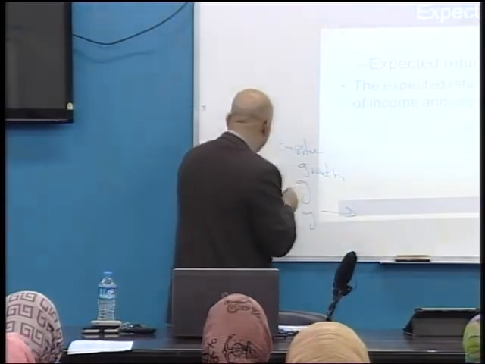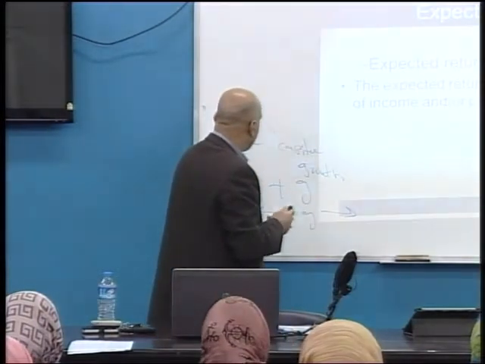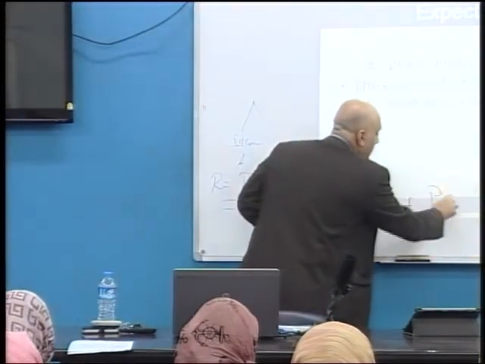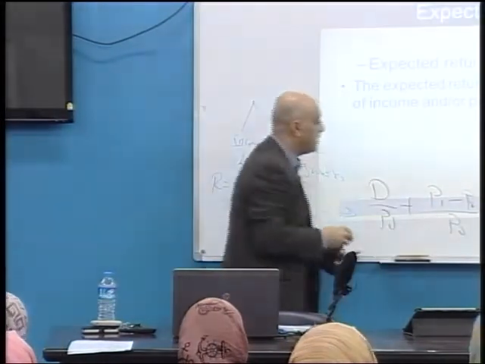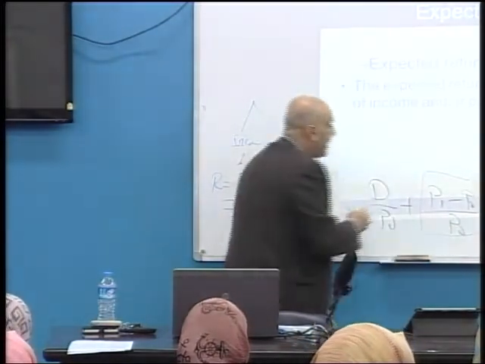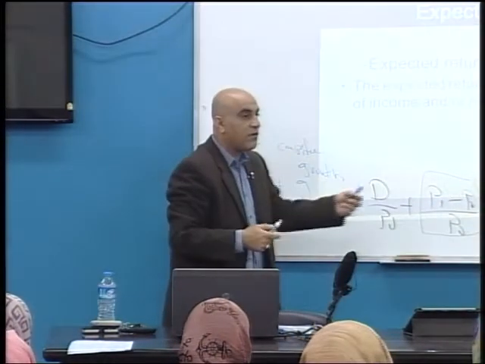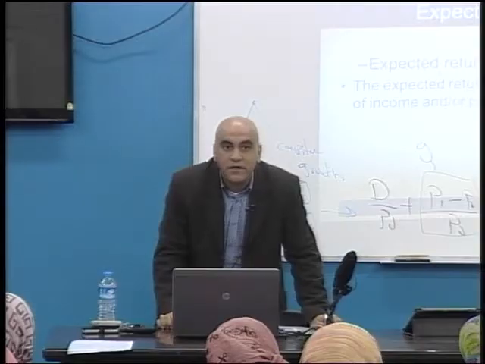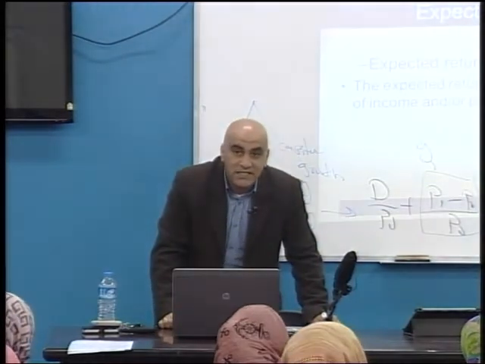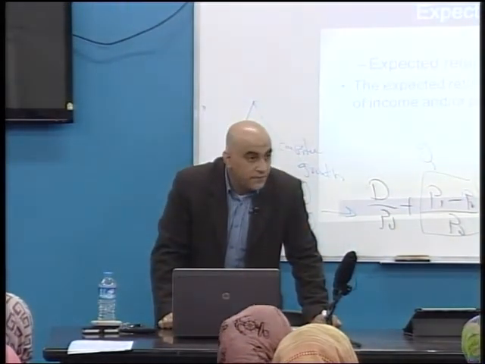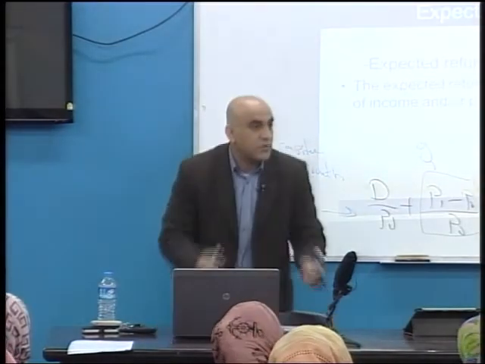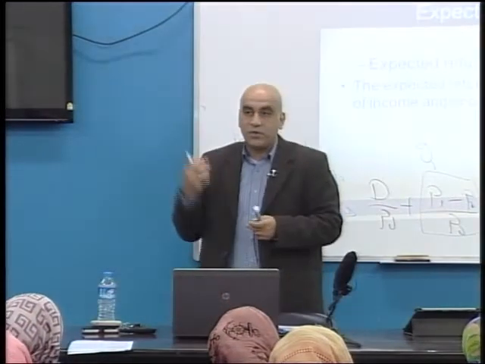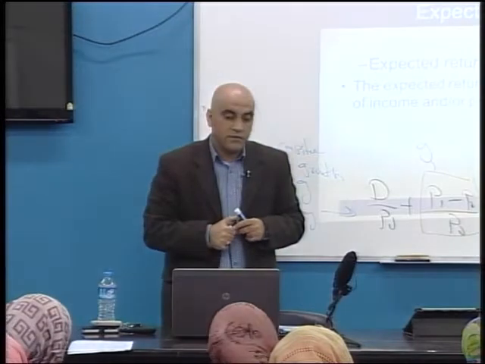You can do it in different ways: D divided by P0 plus (P1 minus P0) divided by P0. And the right-hand side of the formula is the growth in the price. If the price is growing, it means we can expect capital gains. If the price is depreciating, you know what depreciation means, so we expect a capital loss, as we explained again in chapter 3.